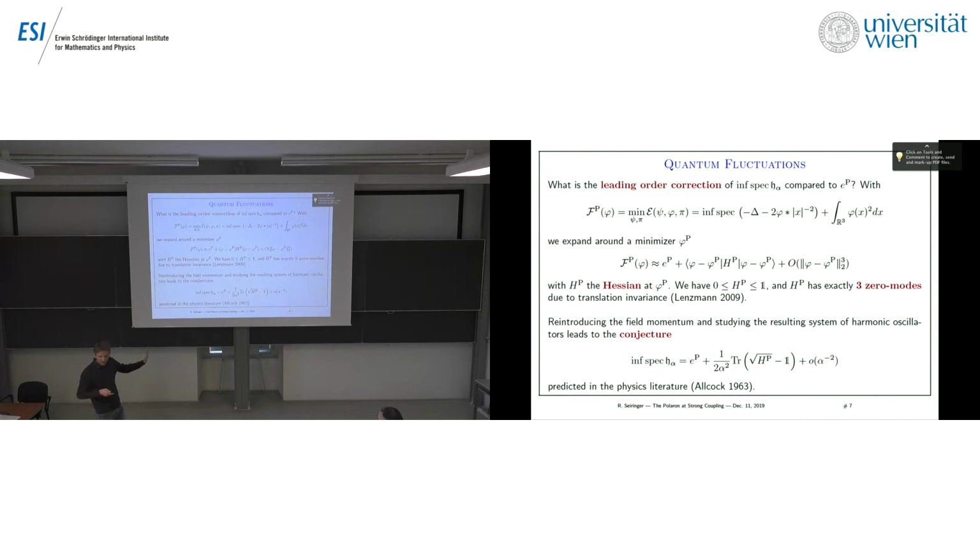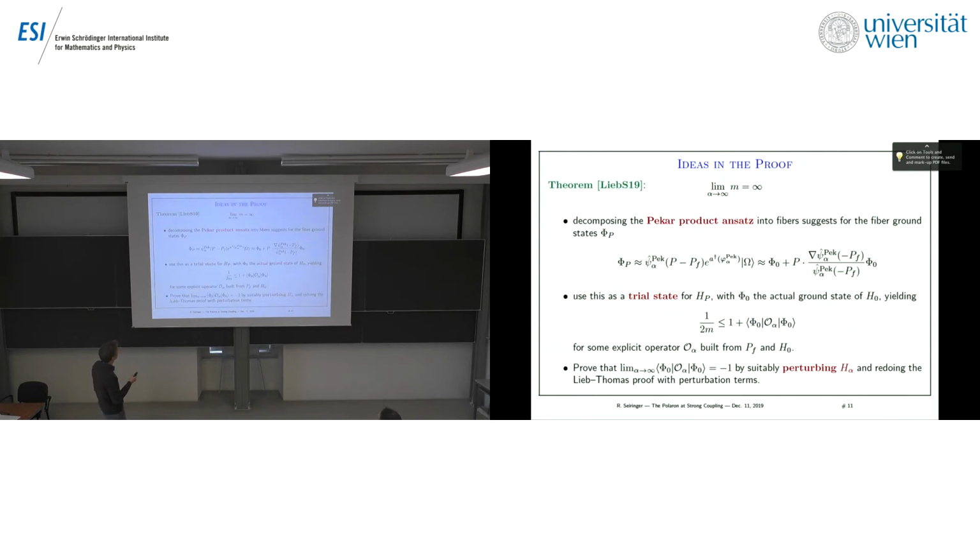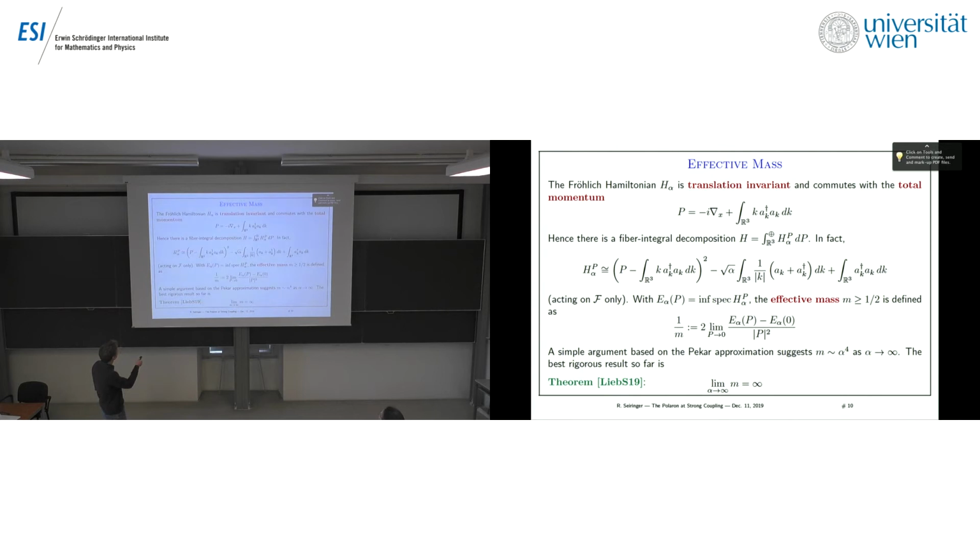This state is very different from the non-interacting one. First of all, the non-interacting one is just the vacuum. I think you're talking about this fiber picture, right? So we're talking about the ground state of this Hamiltonian, say, at p equals 0. If there's no coupling, the ground state is the vacuum. The actual ground state for large alpha will be very different. In fact, the overlap with the vacuum will be exponentially small in alpha.